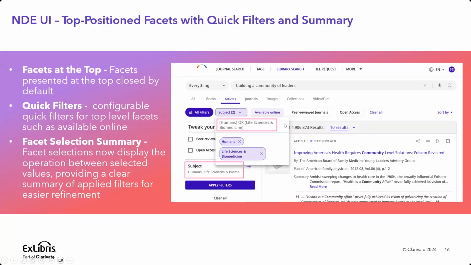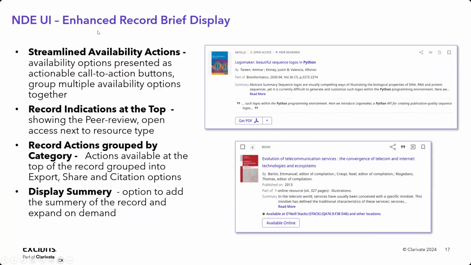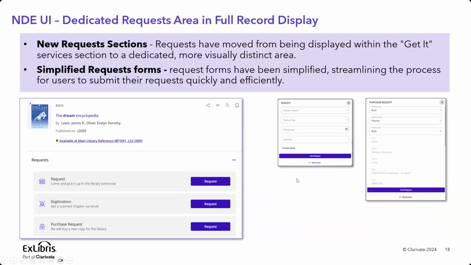So for the top facet, we already demoed and highlighted. You can use it, you can see it after that in more deep understanding. We already highlighted the record brief display, the indication at the top, the group of the records, and the summary that is now being included, and also the group of multiple online selection.